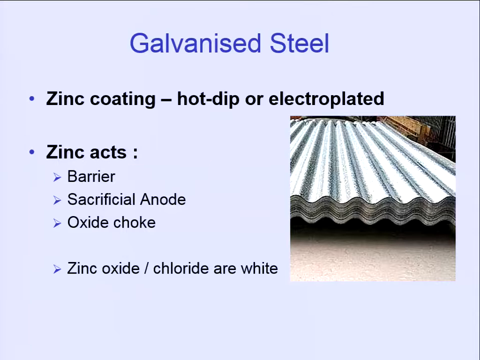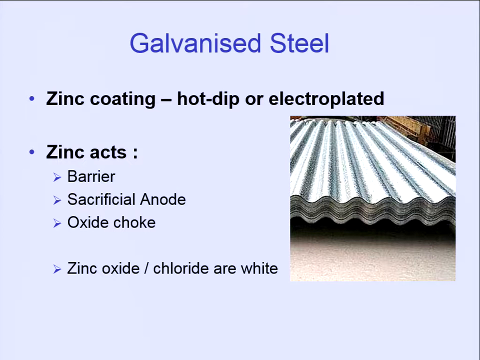The other thing that's interesting about zinc, at least from the marine point of view, is that the corrosion products are often white in colour. Unlike iron, where you get brown and black and green corrosion products, zinc produces white compounds. And that's very good for the shipping industry, because the bulk of the hulls are white.